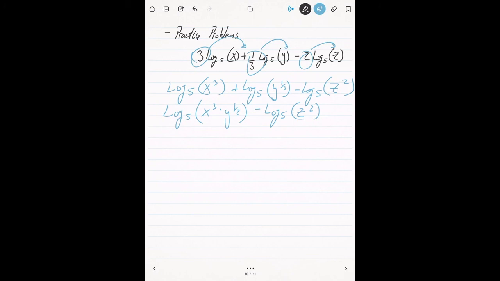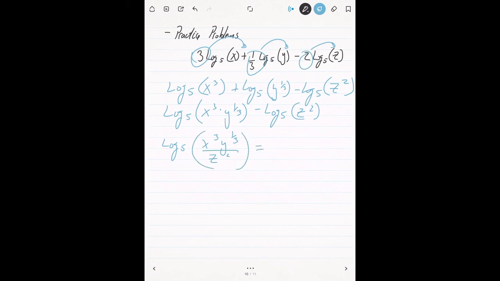And then we can say, well, we're also subtracting quantities. So if I'm subtracting, that means that I must be dividing the arguments. X to the 3rd, y to the, oh, I'm sorry, that was a 1/3 power, not a half. And I'm dividing by the argument z squared.